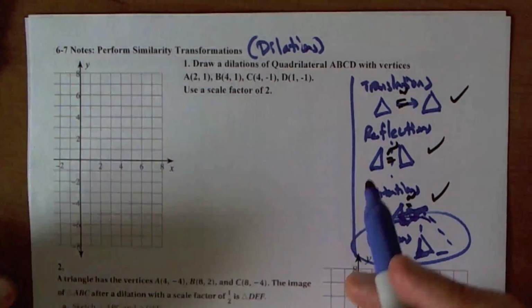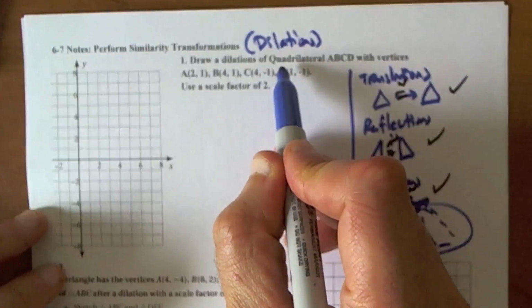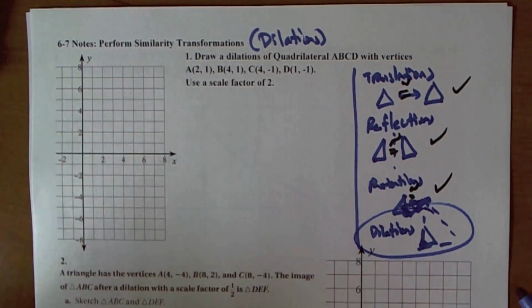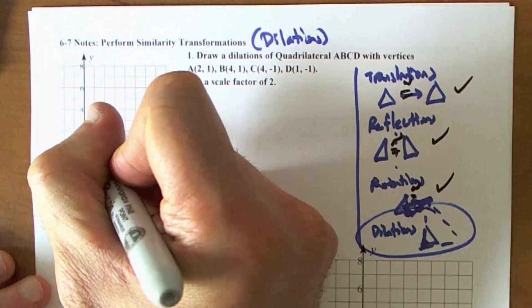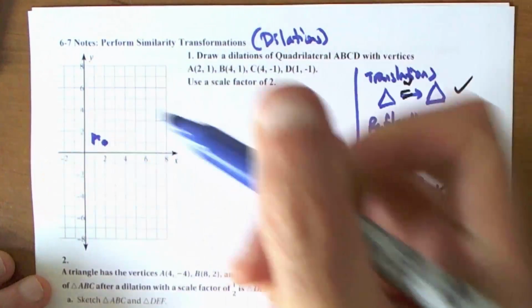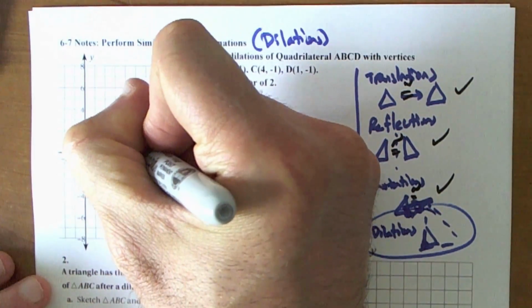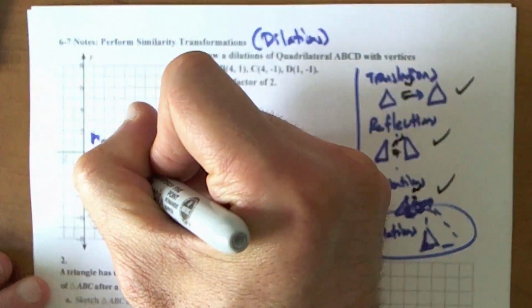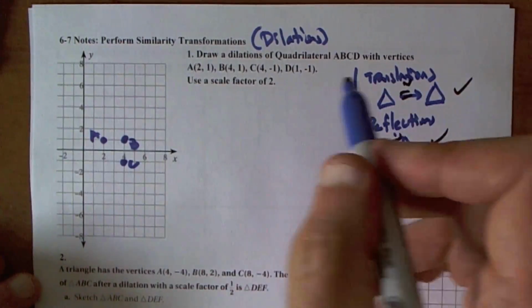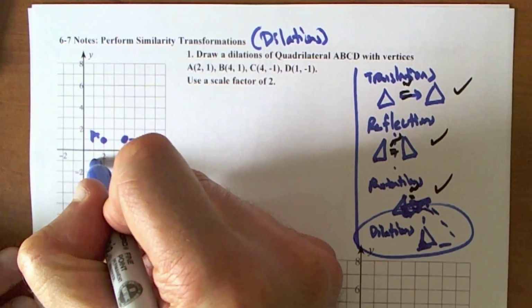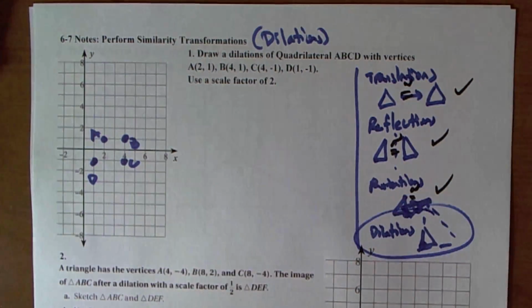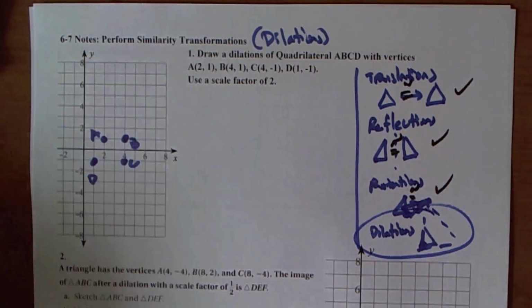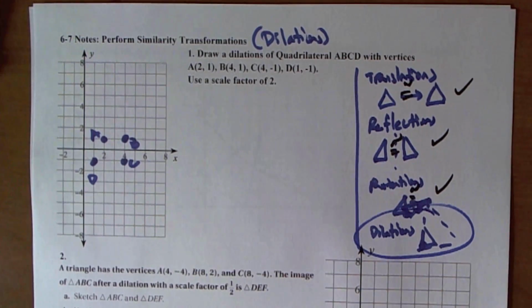All right, so let's draw a dilation of quadrilateral ABCD with vertices A at 2, 1, B at 4, 1, C at 4, -1, and D at 1, -1. Okay, and let me use my library card here.